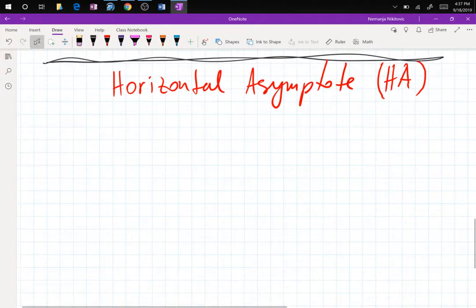so horizontal asymptote is going to be a horizontal line that the function approaches as it goes to infinity. The difference between horizontal and vertical asymptotes is you can pierce through horizontal asymptotes. So if there is a horizontal asymptote at, let's say, y equals 0, the function can cut through locally. It has to obey and follow the horizontal asymptote only at infinity.